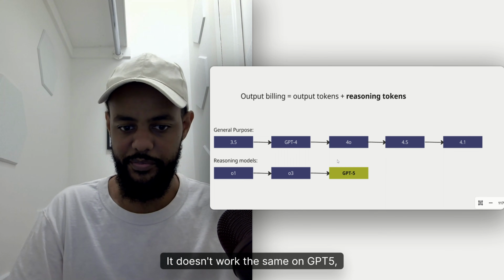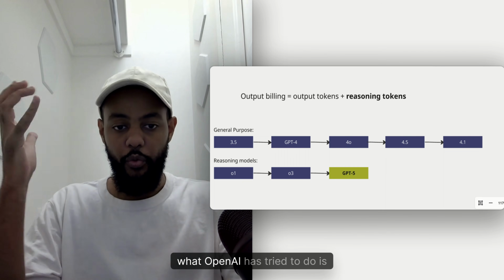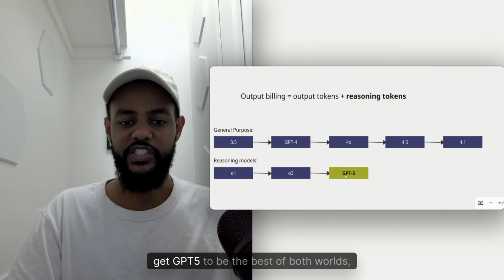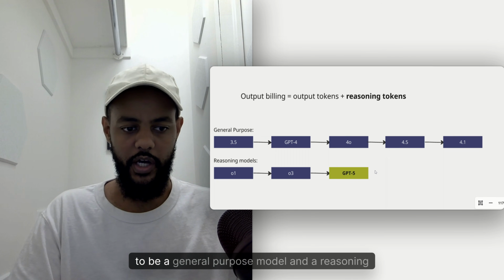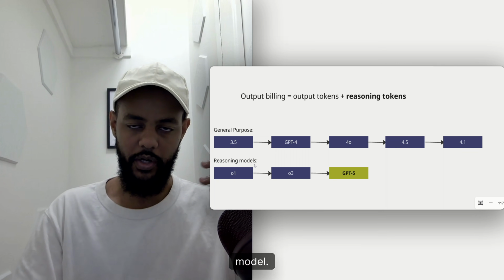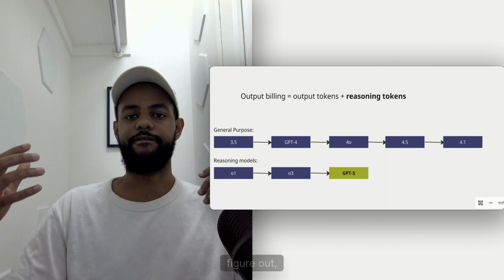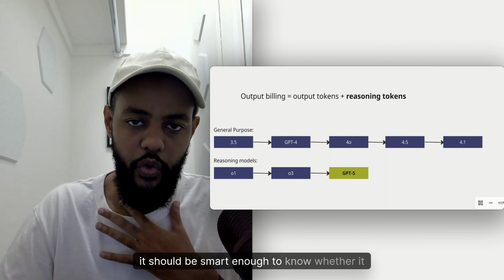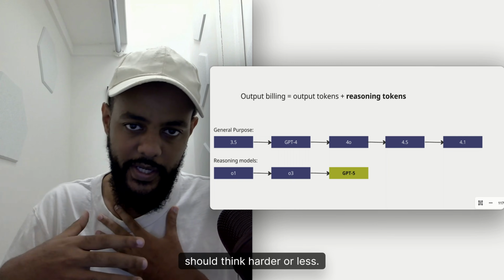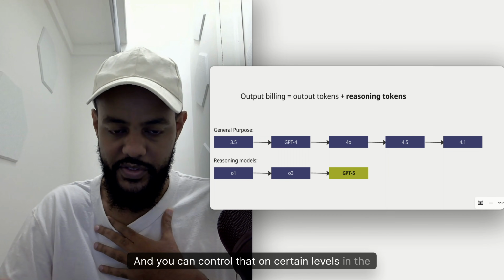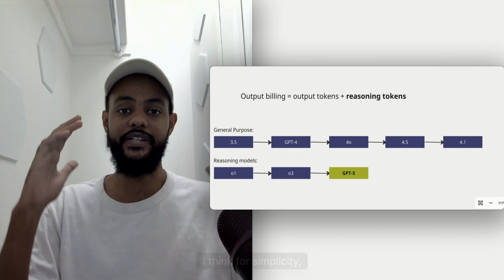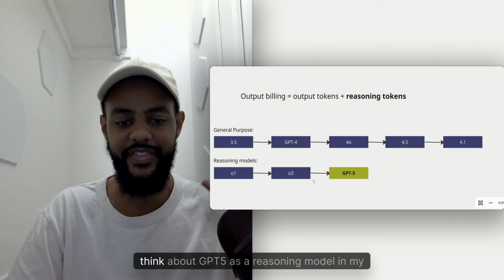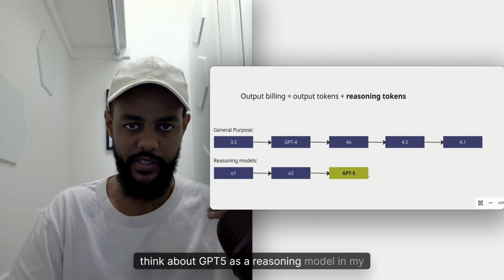It doesn't work the same on GPT-5. But what OpenAI has tried to do is get GPT-5 to be the best of both worlds, a general purpose model and a reasoning model. That's why it should be smart enough to know whether it should think harder or less, and you can control that on certain levels in the API. For simplicity, the easiest way to think about it is to think about GPT-5 as a reasoning model, in my opinion.